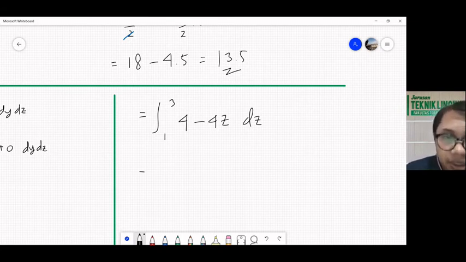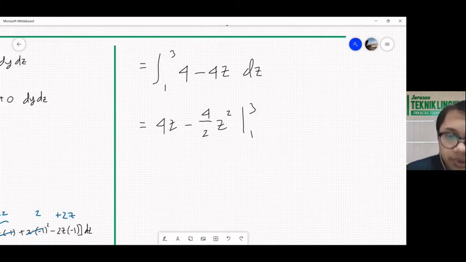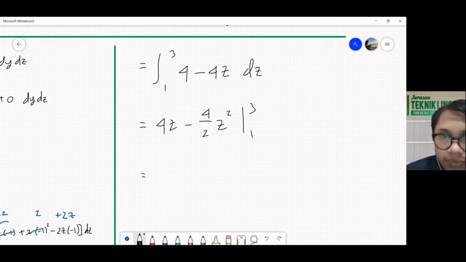Okay, here is the final part. This one we need to integrate, it becomes 4z. This one is 4 divided by 2, z square, limits 1 to 3. Just input the limit. 4 times 3.